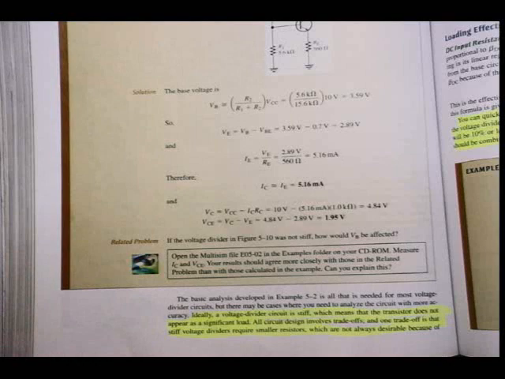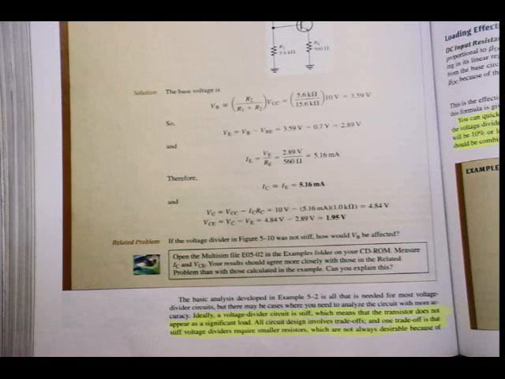They say here the basic analysis developed in example 5.2 is all that is needed for most voltage divider circuits, but there may be cases where you need to analyze the circuit with more accuracy. And this we are going to do more often. Ideally, a voltage divider circuit is stiff, which means that the transistor does not appear as a significant load.